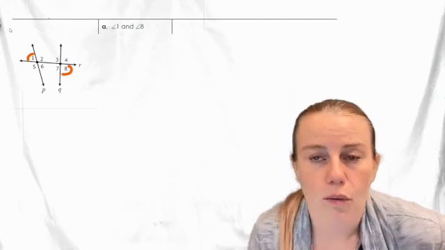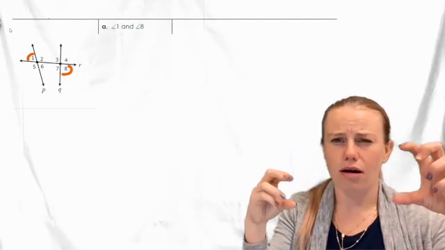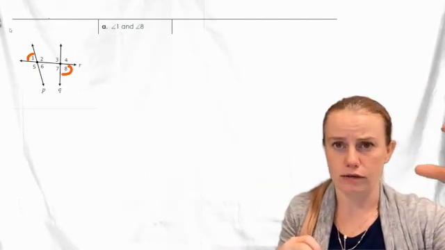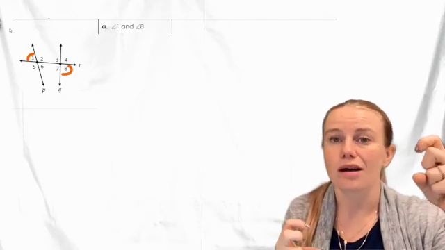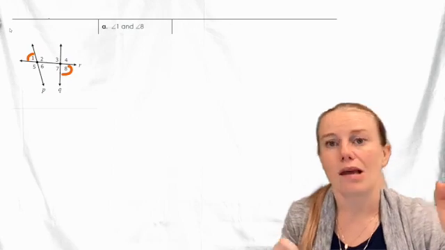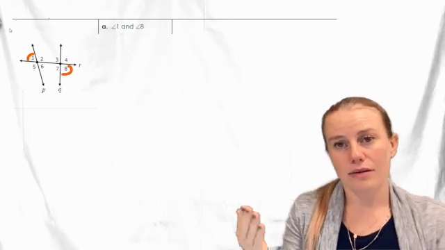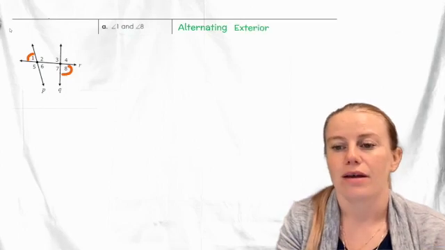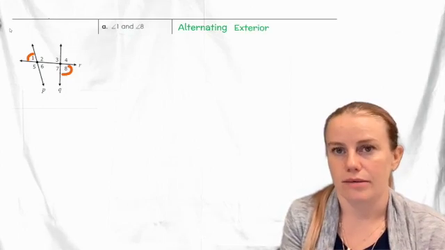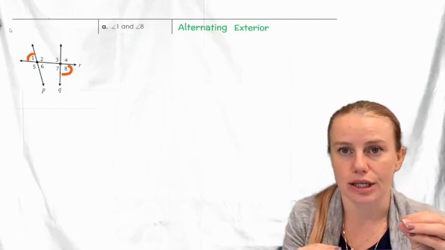Looking at 1 and 8, they are on opposite sides of that transversal. So whatever we call them, they're probably going to be alternating. And they are on the outside of those 2 lines, so they are exterior. So alternating exterior. You're looking at the position of the 2 angles.